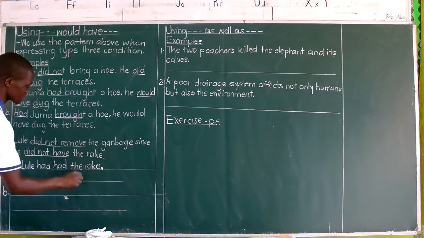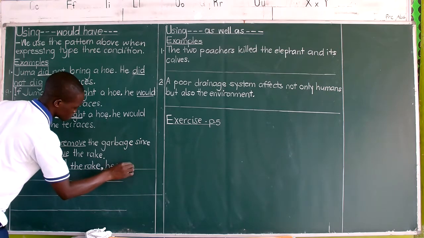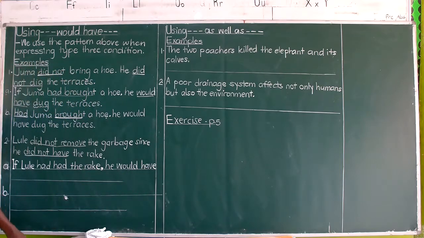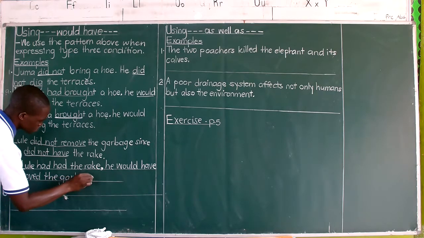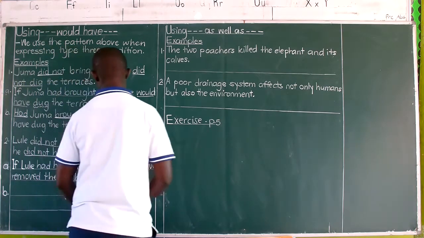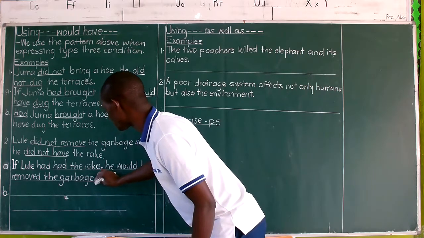If Lule had the rake, he would have, followed by a past participle verb, which is from remove, and that is removed the garbage. And that's the answer. If Lule had the rake, he would have removed the garbage.